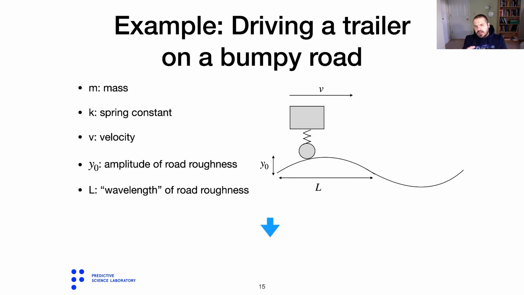Now, if you draw the free body diagram of the trailer and you do a little bit of dynamics, and you get the differential equation that describes the oscillations of the spring, you're going to get that the angular velocity of the spring is omega = 2 pi times the velocity of the trailer divided by L. And if you work out what the maximum amplitude of the oscillation of the spring is going to be, you will find that it is the absolute value of k times y naught, where y naught is the amplitude of the road roughness, divided by k minus m omega squared.